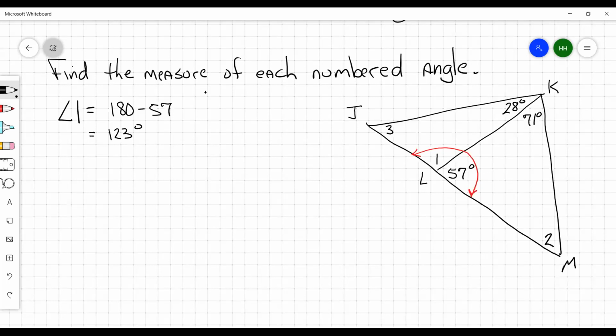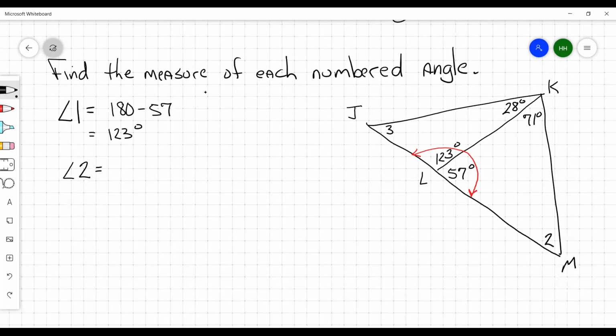Now what you can do is write it in there. And let's move down here to angle 2. Angle 2 and 57 and 71 have to sum 180, don't they?